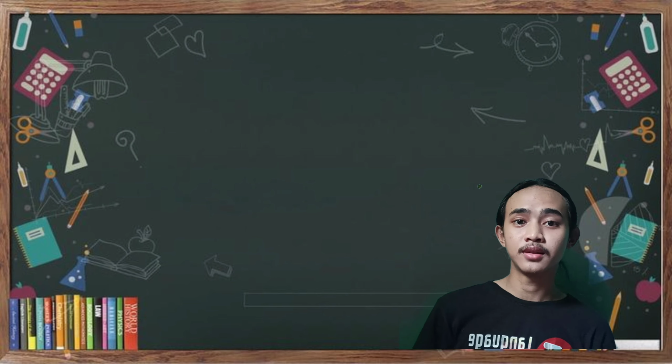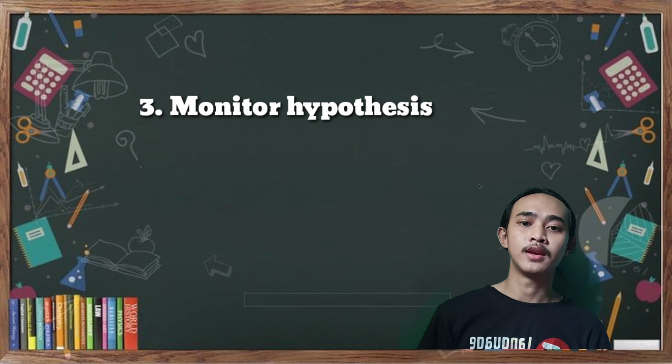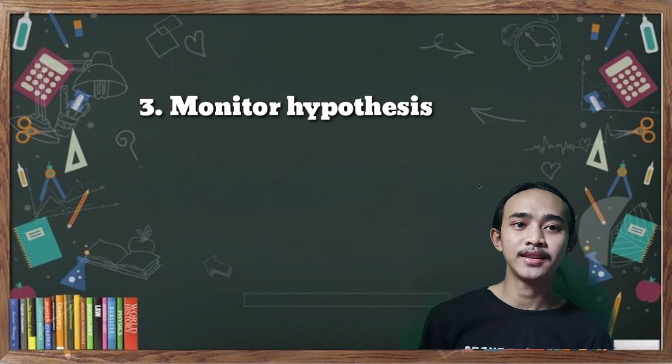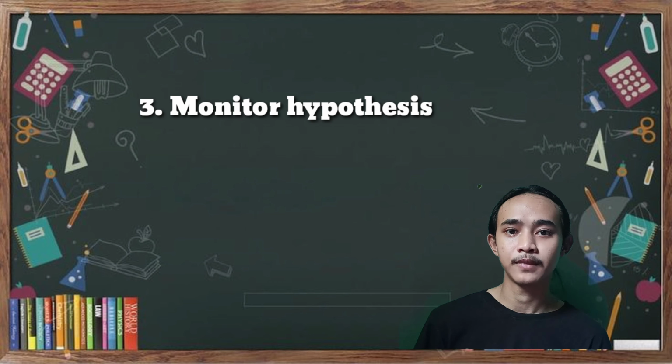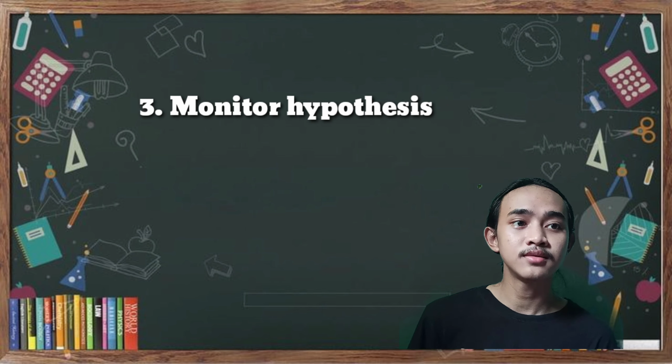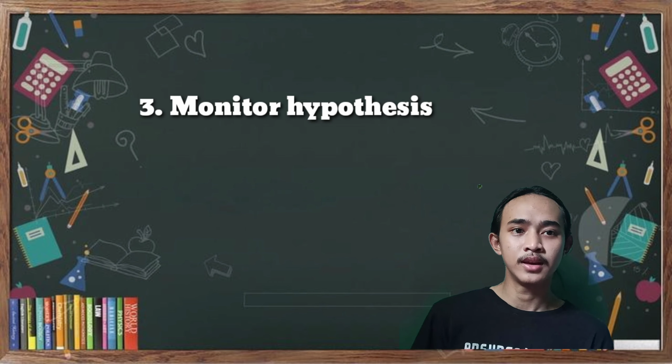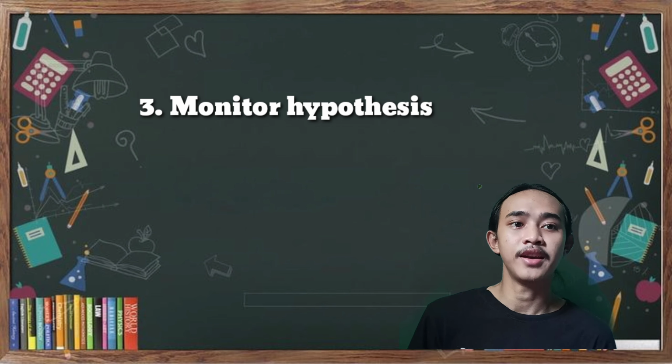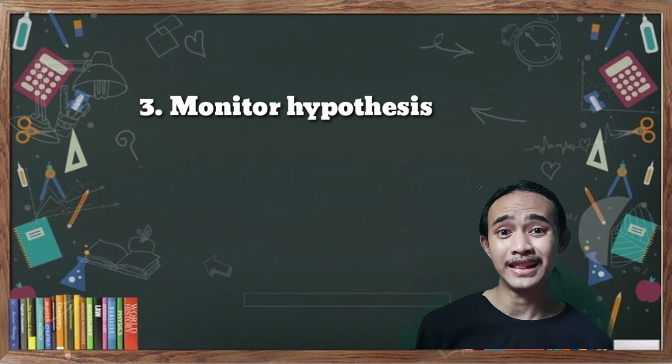Okay, the third, monitor hypothesis. This hypothesis states that conscious learning has a very limited function in adult second language performance. It can only be used as a monitor or an editor. The hypothesis says that when we produce speech in a second language, it is started by the acquired system, and our conscious learning only comes into play later.